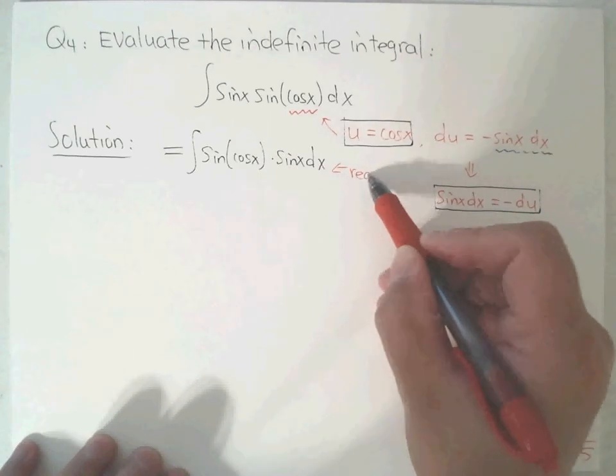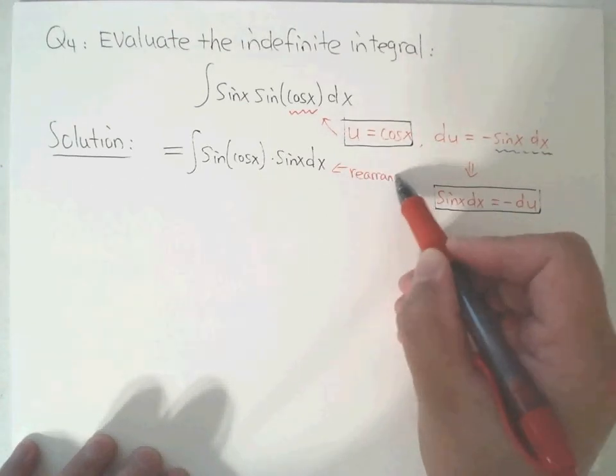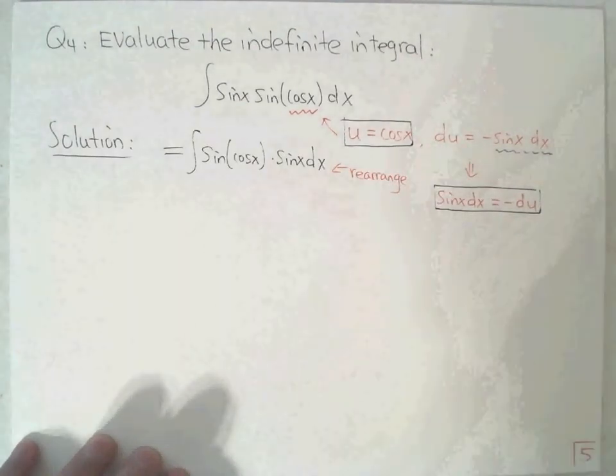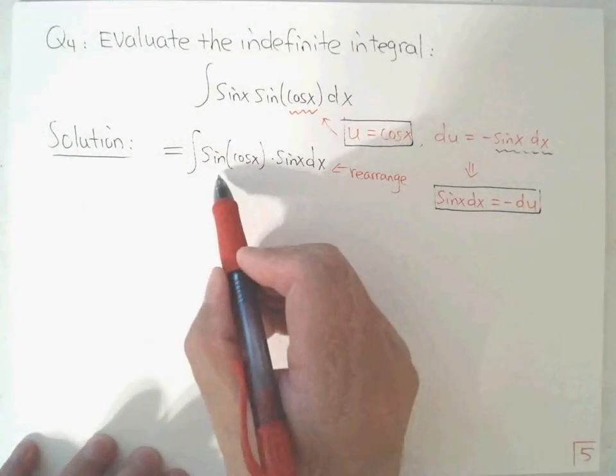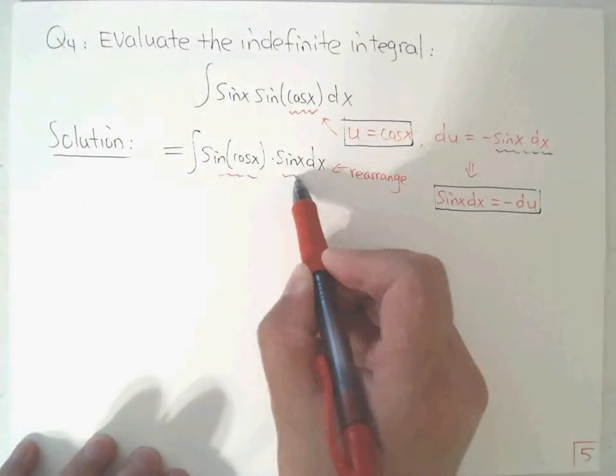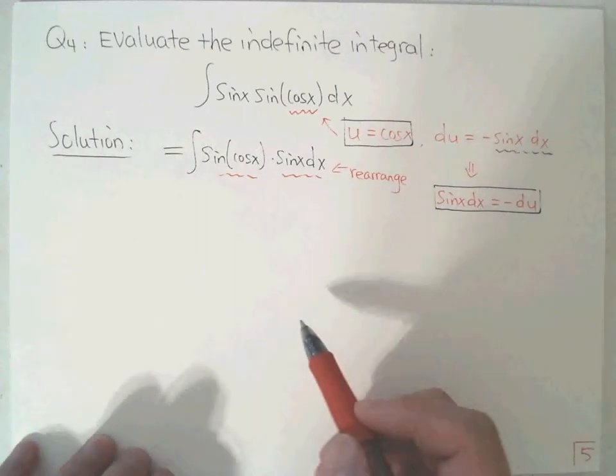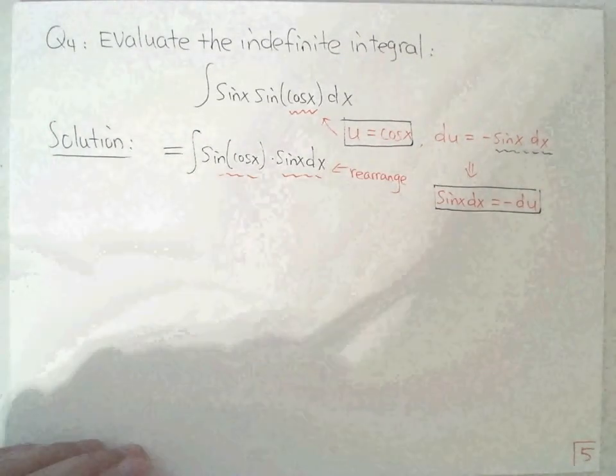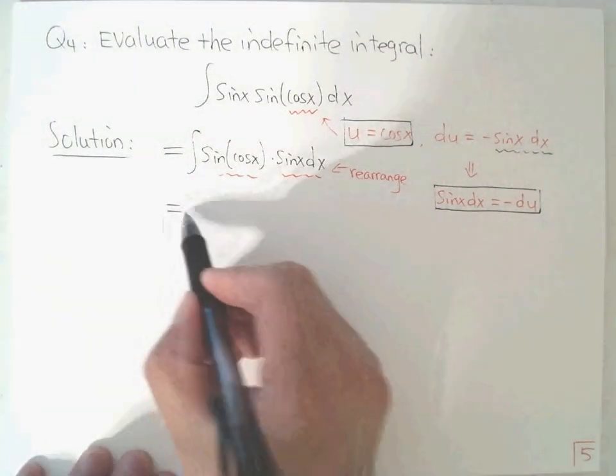This part is a rearrangement. In all these questions we have to change the order. After we change the order, this first part is simple, and the second part is also simple.